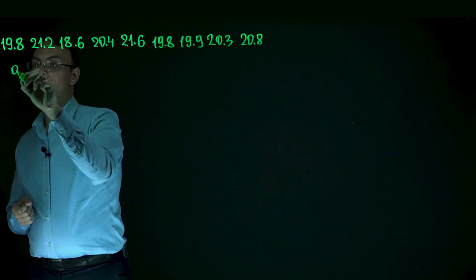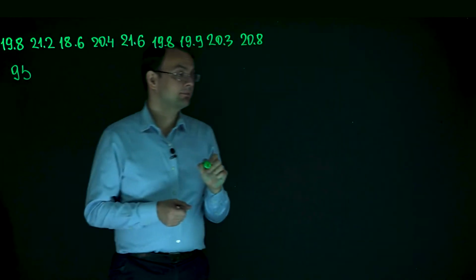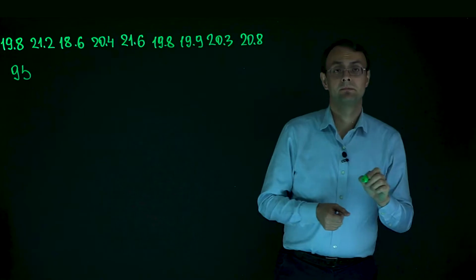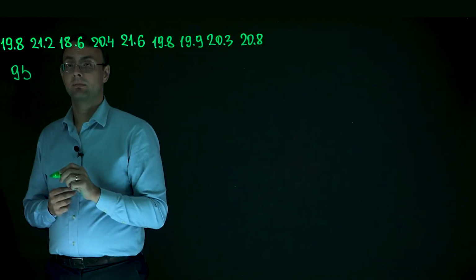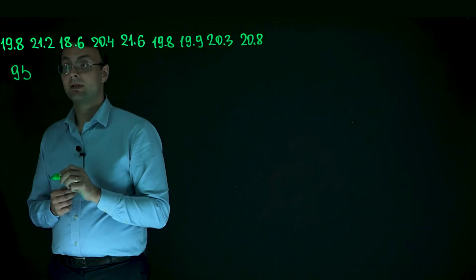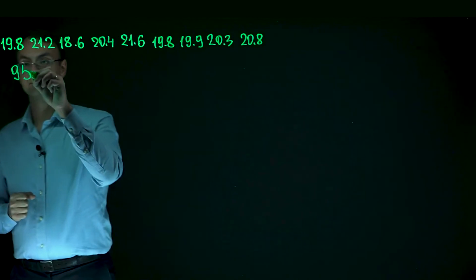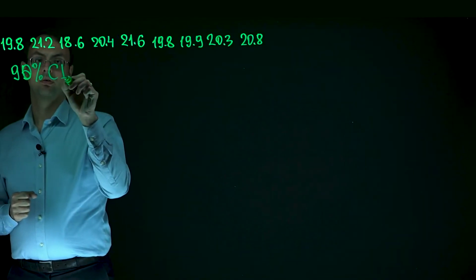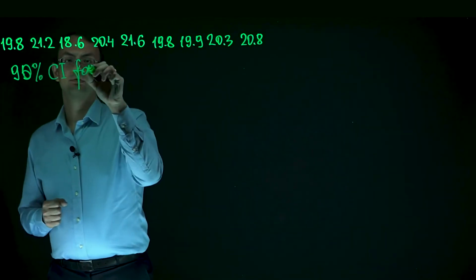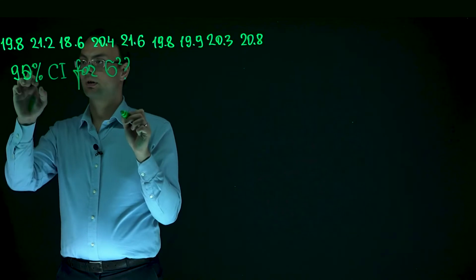And we are to find the confidence interval for the unknown variance. Let's say the 95% as usual, or maybe let it be not 95 but 90%. A 90% confidence interval for the unknown variance sigma squared.